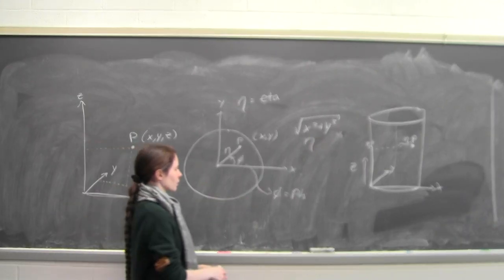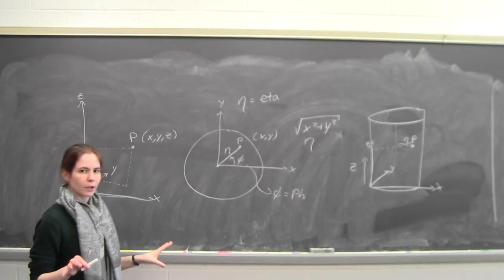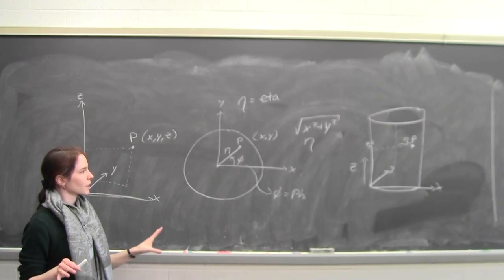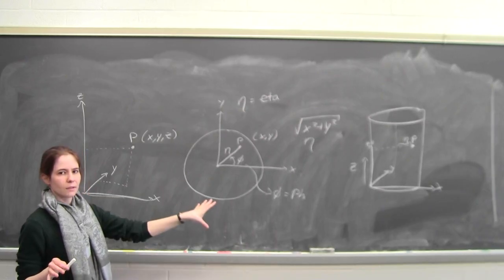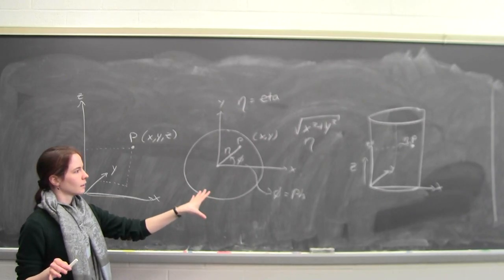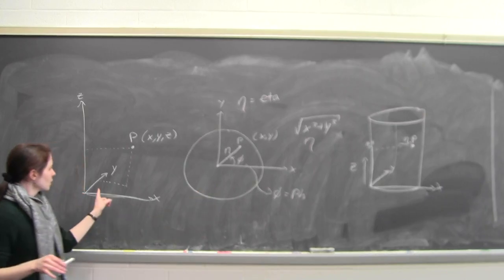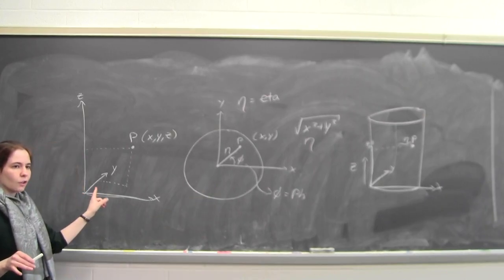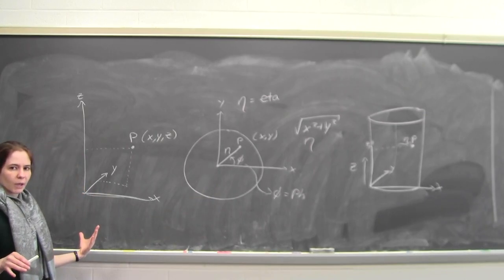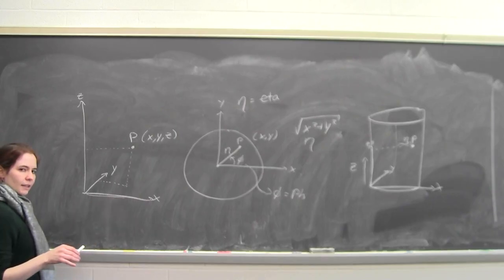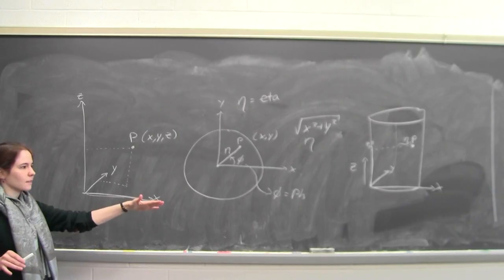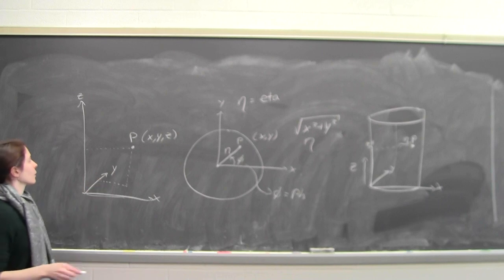For spherical coordinates, oh, actually, before we go into spherical coordinates, let's also discuss the ranges that these coordinates can take. So x, y, and z all go from negative infinity to positive infinity, right? We have a negative x-axis, we have a positive x-axis, and they extend on forever.